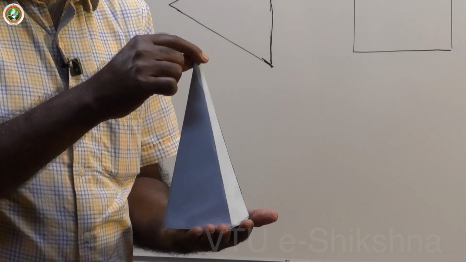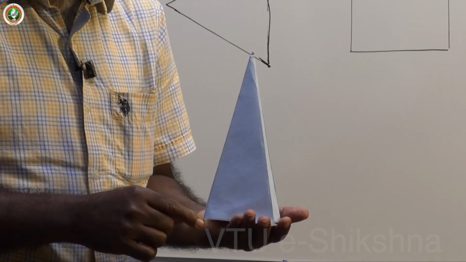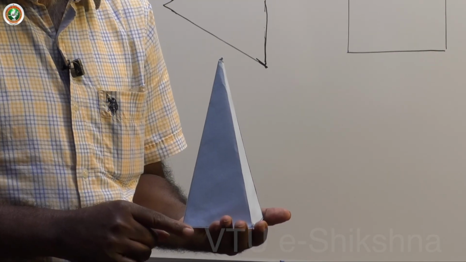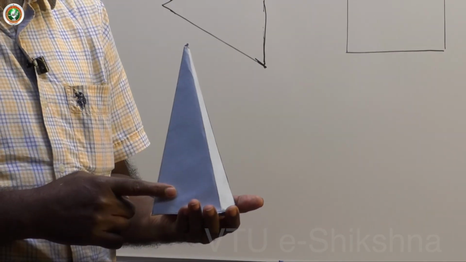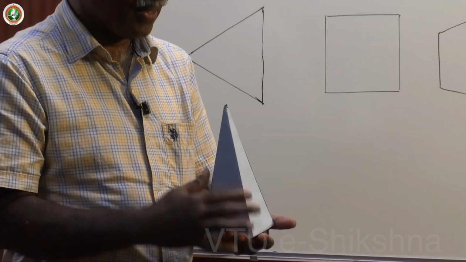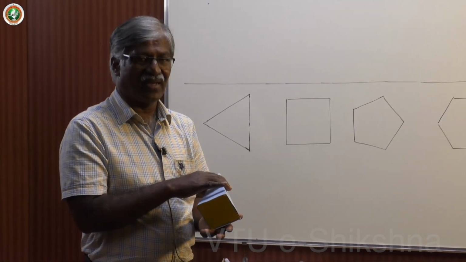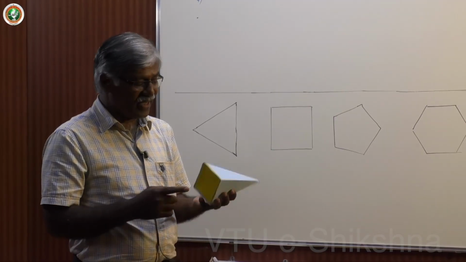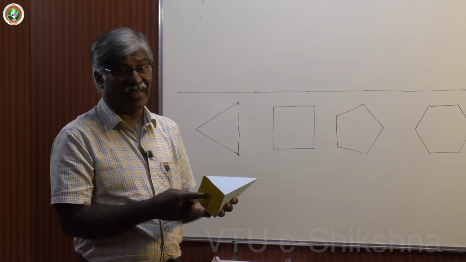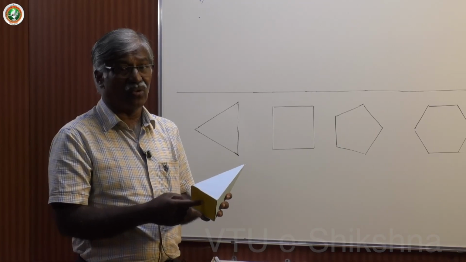It ends with an apex, and the lines joining the apex to the corners of the base form the lateral faces. These are referred to as slant edges, along with the base surface and corresponding base edges. Again, the line joining the apex or vertex and the center of the base is referred to as the axis of the pyramid.